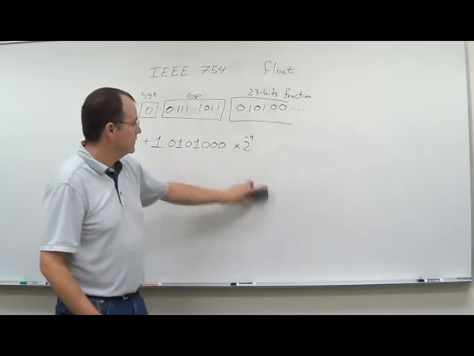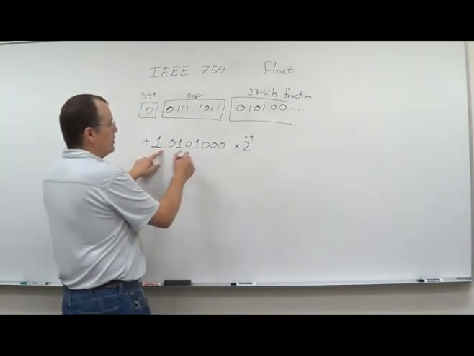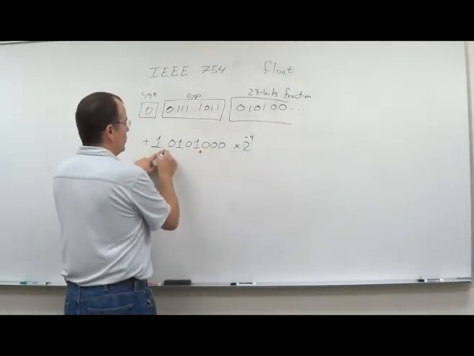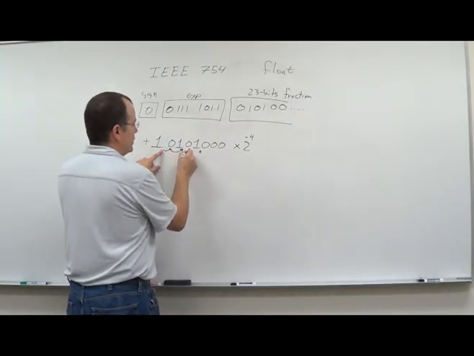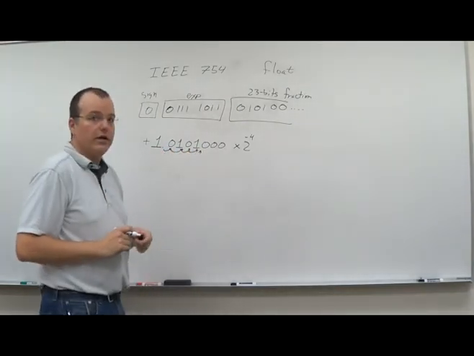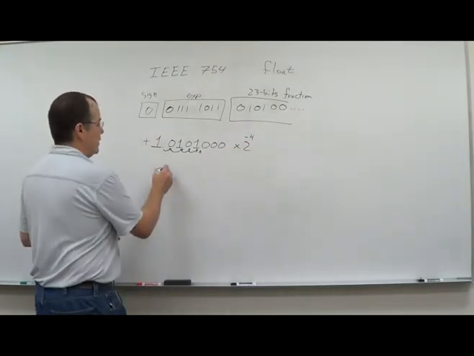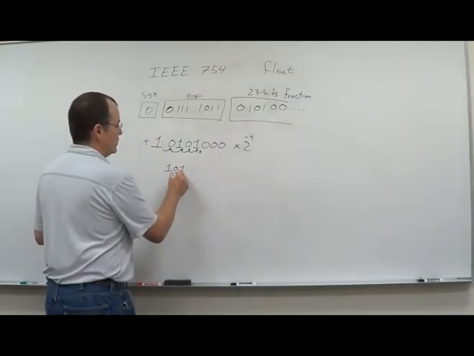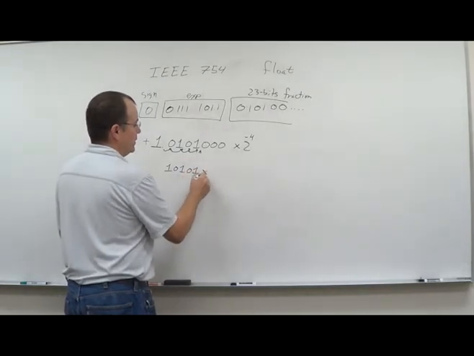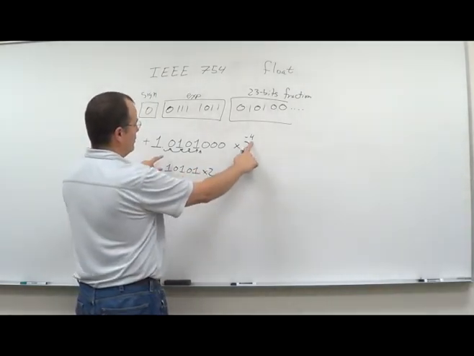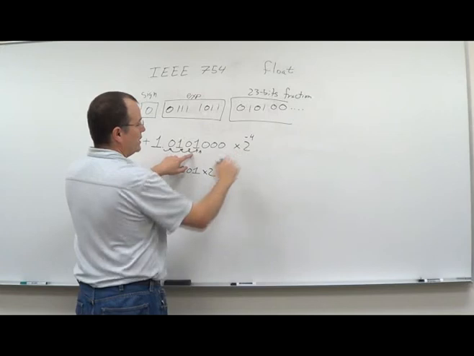Alternatively, I'm going to move this binary point to here, 1, 2, 3, 4 places to the right. I'm making this number bigger, so I've got to make that number smaller. I end up with 1, 0, 1, 0, 1 times 2 to the minus 4th, minus another 4.